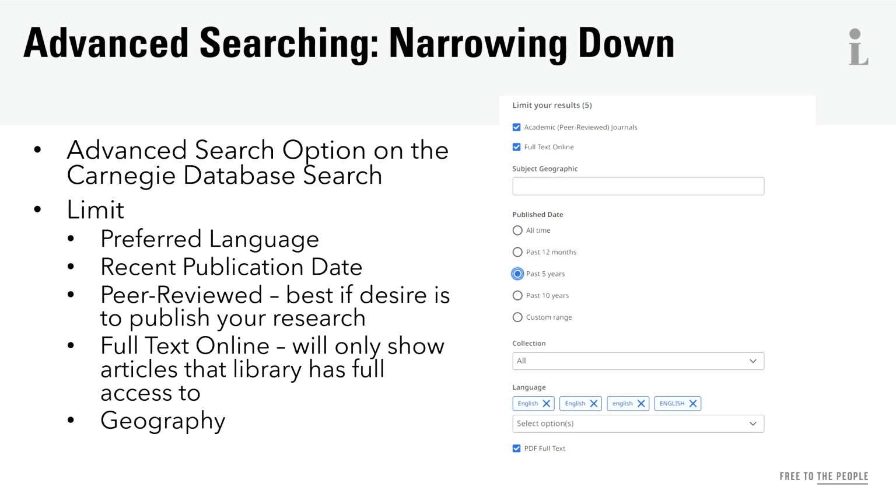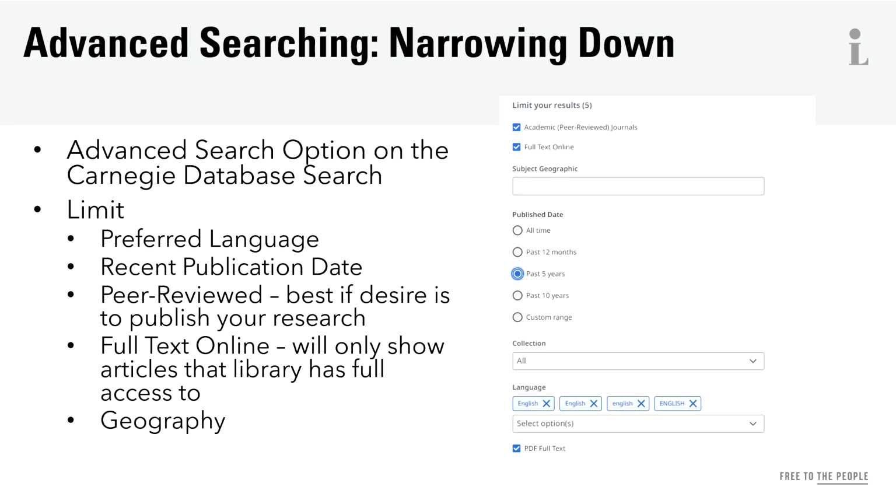Similar to the Carnegie Library Catalog, the CLP database search has advanced search or filter options. Many of these will look familiar to what you would see on the catalog filter option, such as preferred language and publication date. Two new options, which are very important, are the academic peer-reviewed journals and the full text online checkboxes.